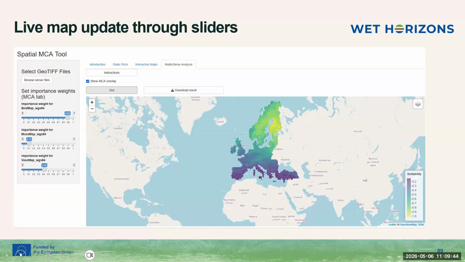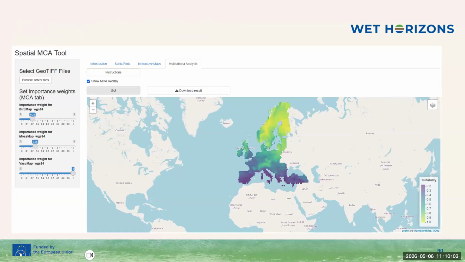That's just illustrative. So what this allows you to do is to explore the consequences of giving different levels of importance to different types of criteria that you might be considering. Next, please. You can see that again, changing the sliders changes slightly the map. Of course, the more criteria you have, the more change you might expect.